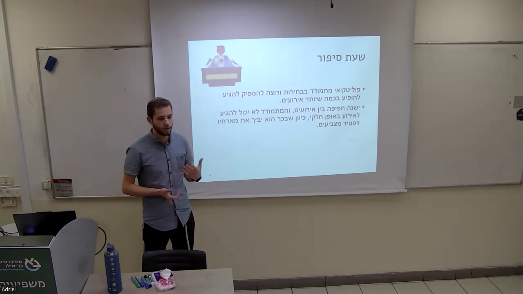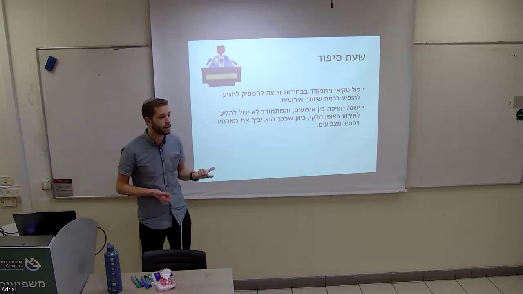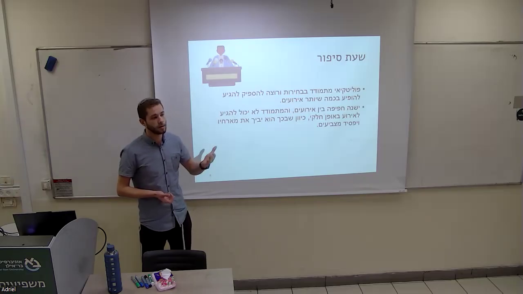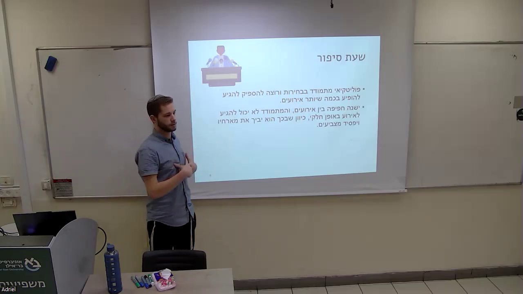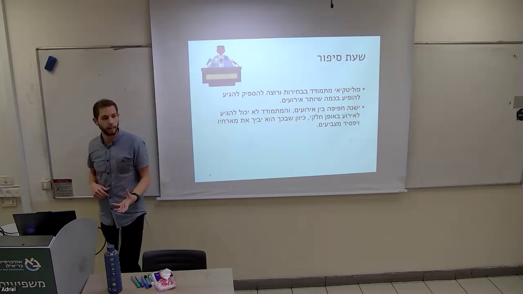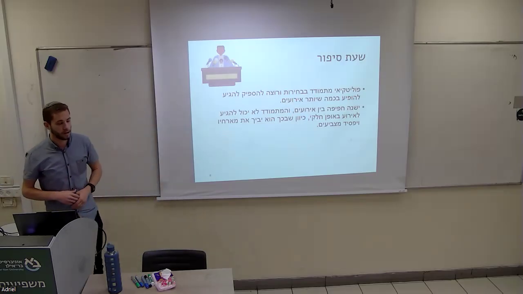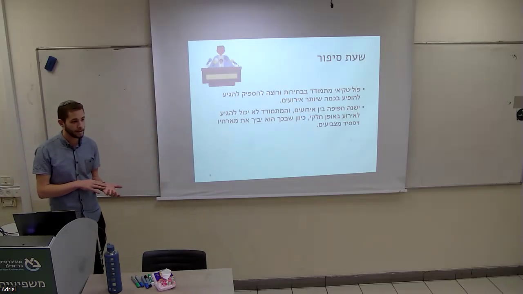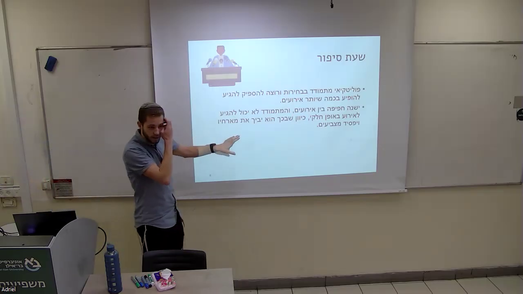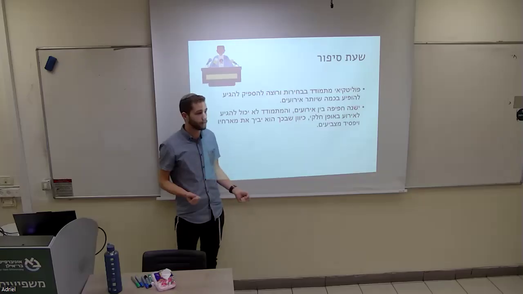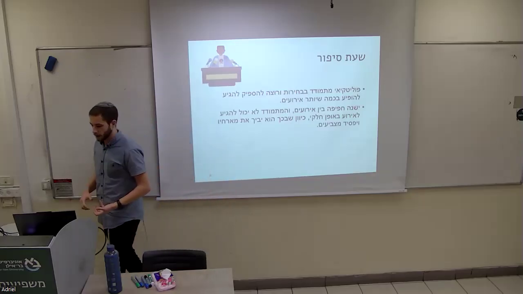One event could be at the same time as another, or one event starts earlier, but in the middle, the next event starts. If there's any overlap, he cannot go to both events, because if he goes only to part of an event, it's insulting to those people and they won't vote for him. So his only goal is to go to as many full events as he can. Okay?